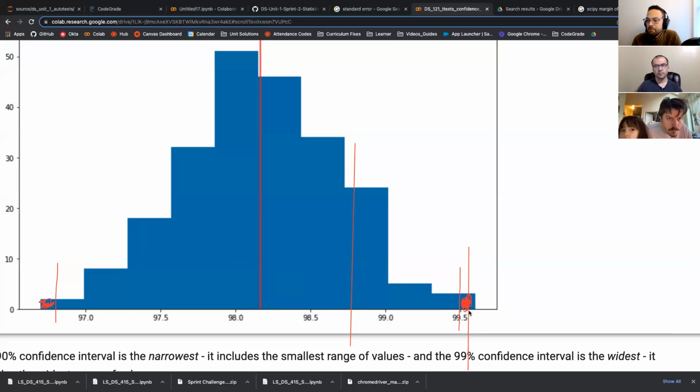That's not the case for 98.6 up here above, because that one's so widely different from your population average of 98.2 that you can say it is statistically significant that this value is different enough that you can reject your null hypothesis of the population average being 98.2.